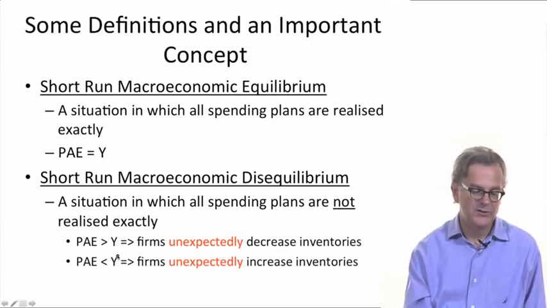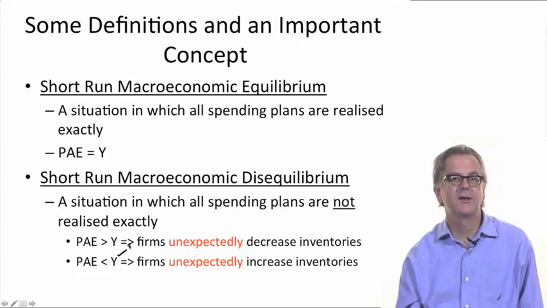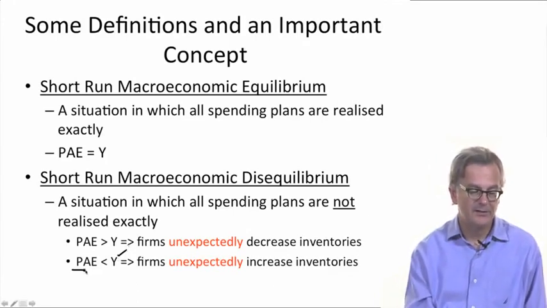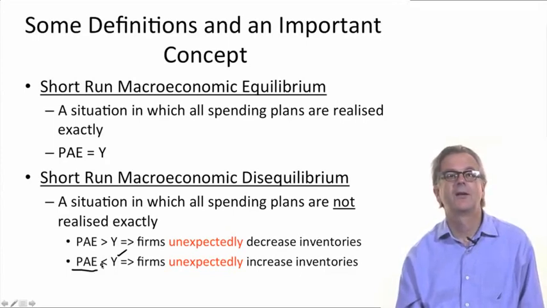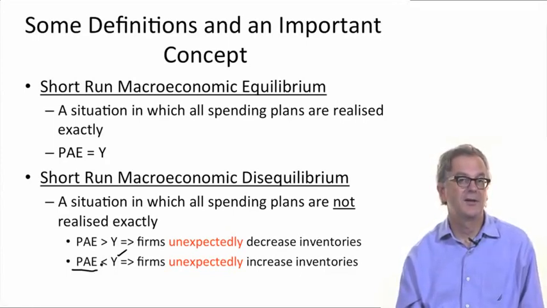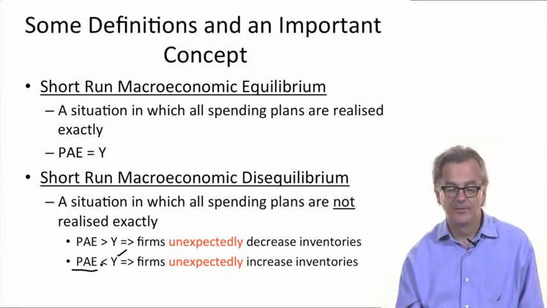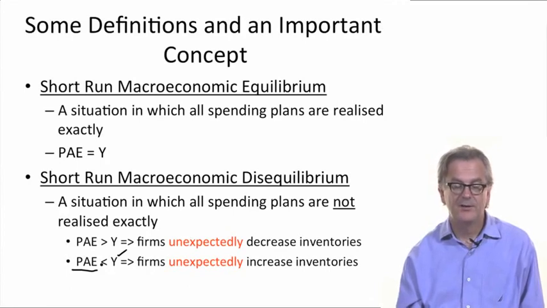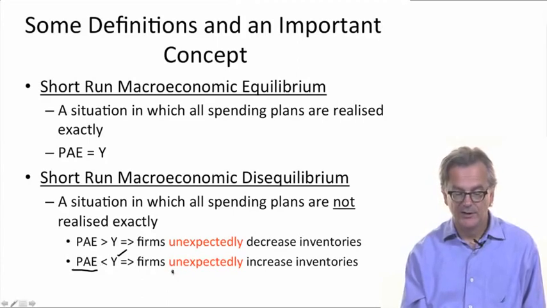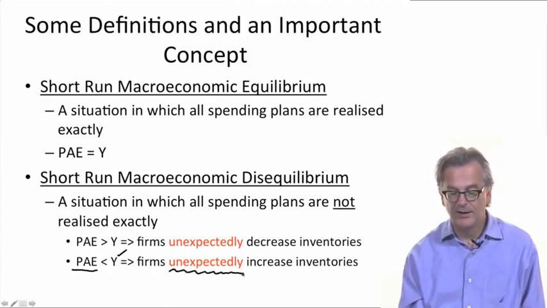Firms have produced that much GDP expecting to be able to sell it. They find to their surprise that there's less planned spending in the economy than they had thought, and so firms unexpectedly find themselves with unsold stock, and therefore they unexpectedly increase their inventories.